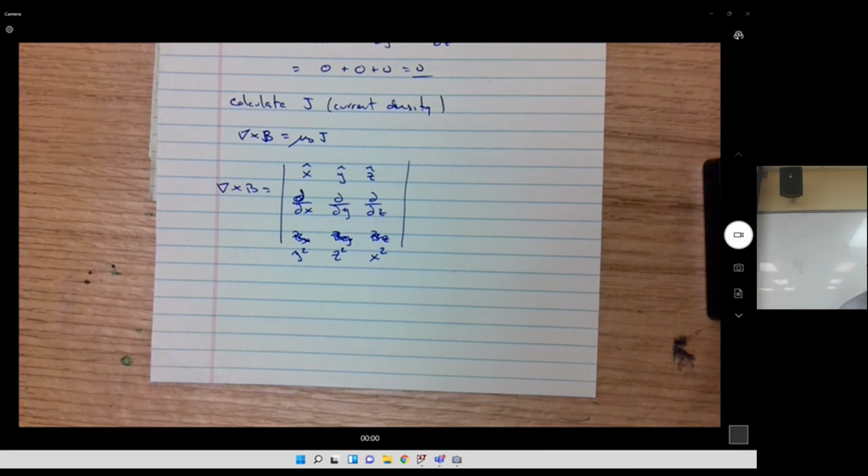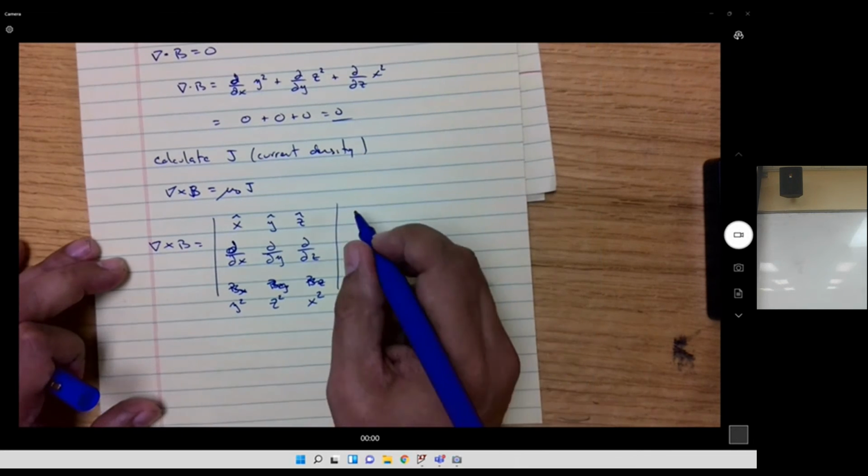No. The expression that you got is going to be equal to mu naught J. So if you want to calculate J, you will have to divide by mu naught. I think I have the right answer. You got the right answer? I'm probably wrong, but.